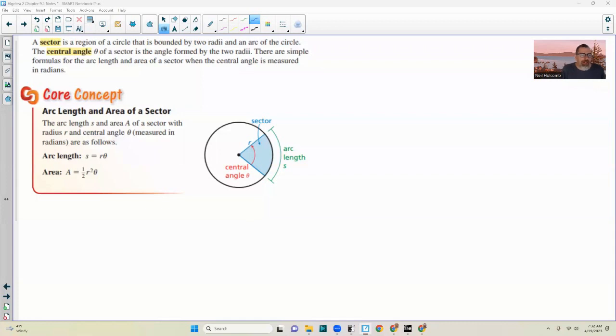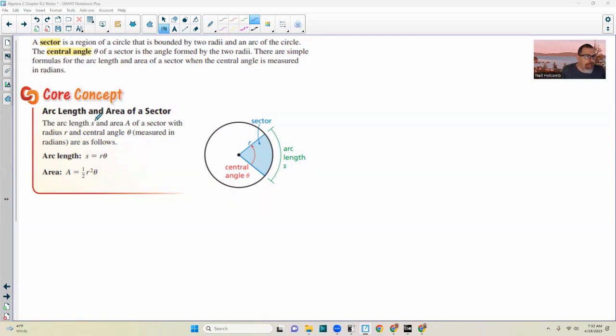Okay, so now we're going to talk about a sector. A sector is a region of a circle that is bounded by 2 radii and an arc of the circle. Think of a whole pizza. You cut one slice out. That is a sector. The sector is the area of a circle between 2 given radii, and the arc length S is the length of the sector. So, arc length and area of a sector.